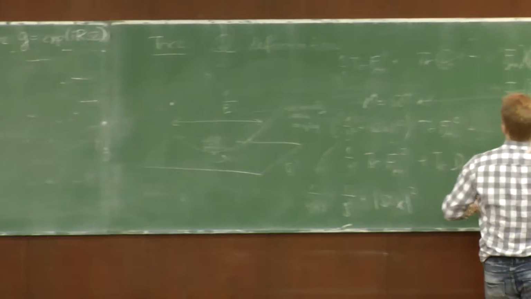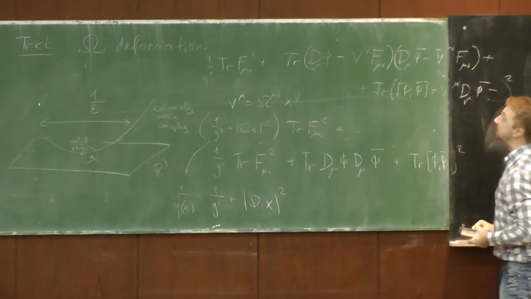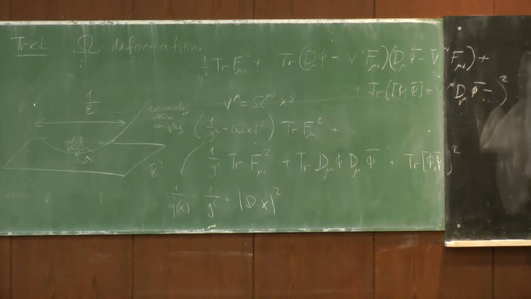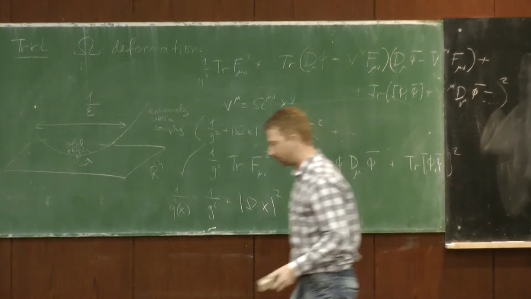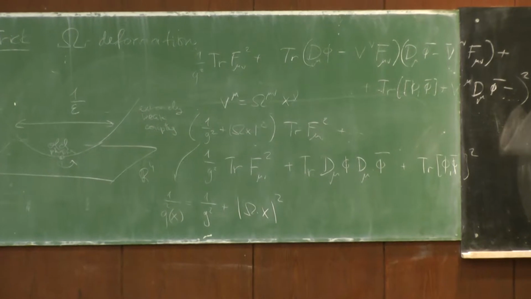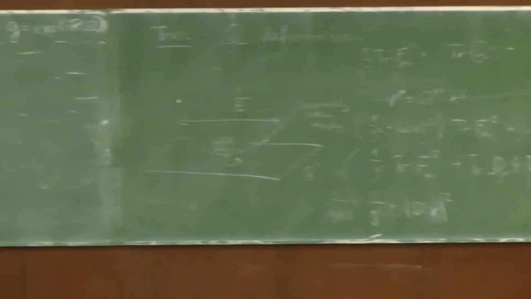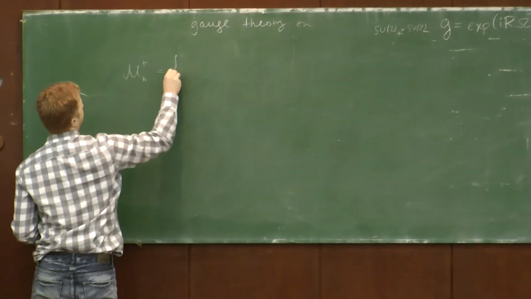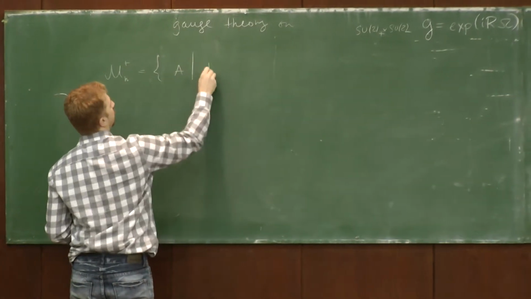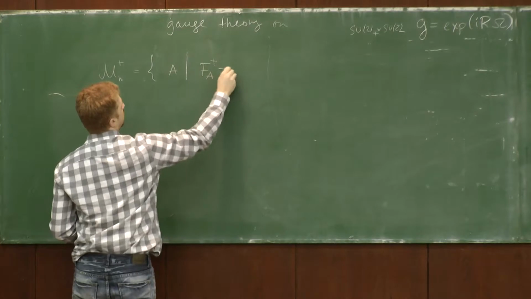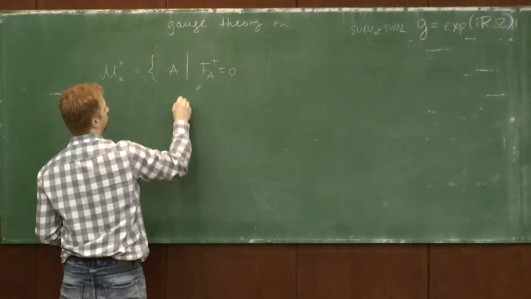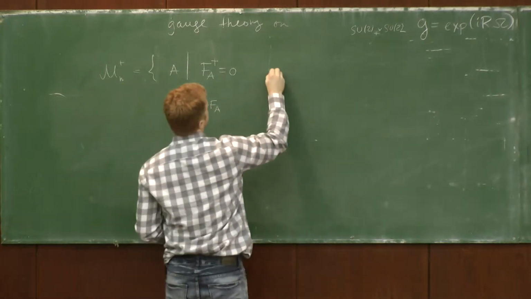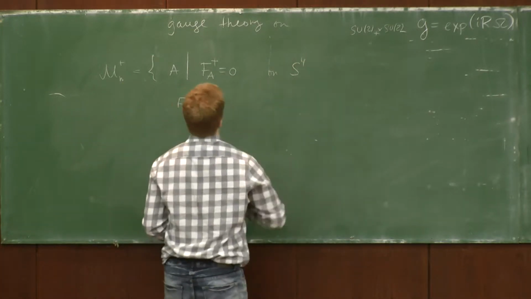Okay, so you need to look at this action and evaluate it on the instanton background to understand what the measure is. So let me just present the result. So first of all, what is this moduli space of instantons? This is the space of solutions to the equation F plus equals 0, let's say on S4.